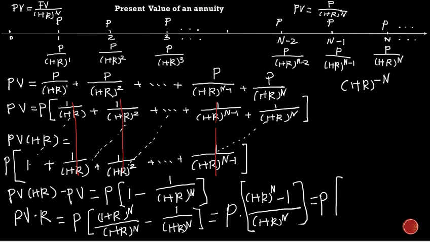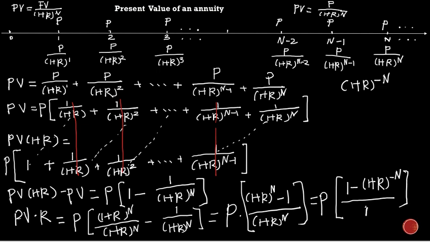So we got 1 minus 1 plus R to the minus n power.